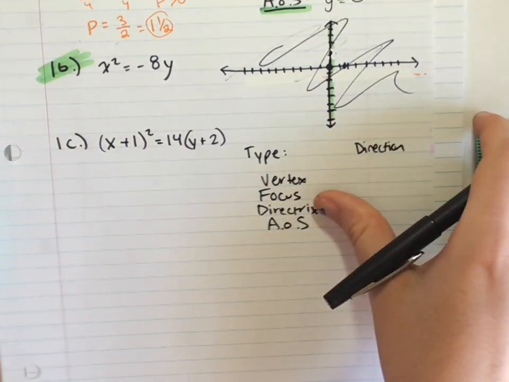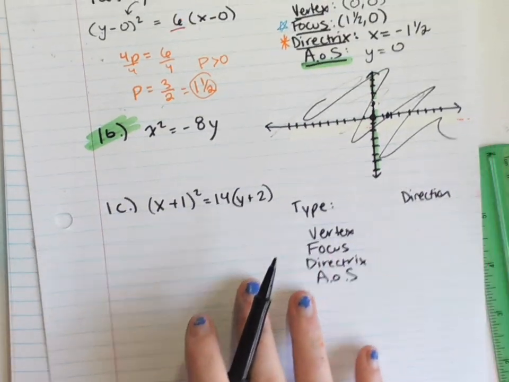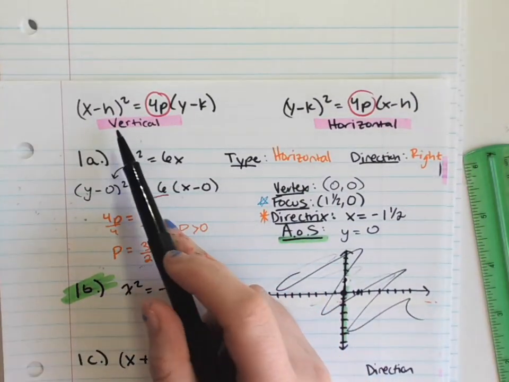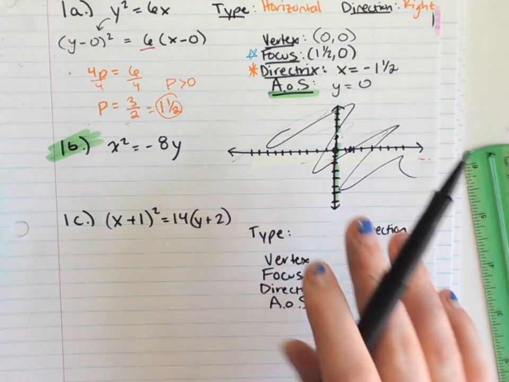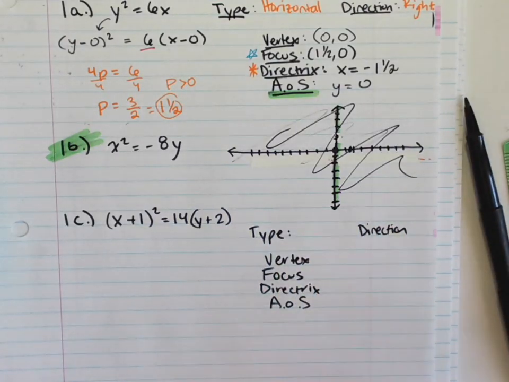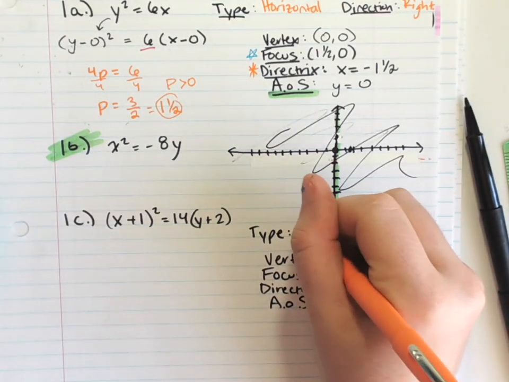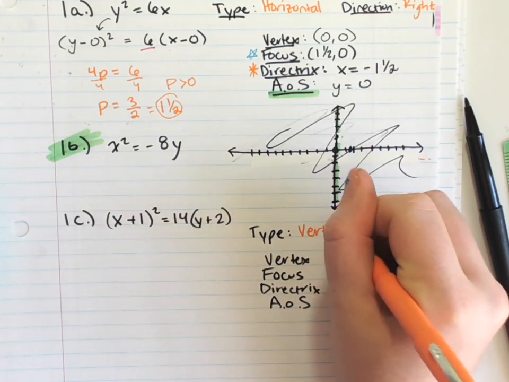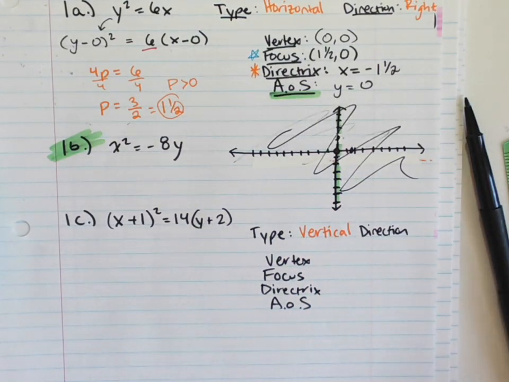So type, it depends on what's listed first. So this is x squared, so we go back up there. If x is being squared, we know it's going to be vertical. We don't know the direction, we're going to figure that out.